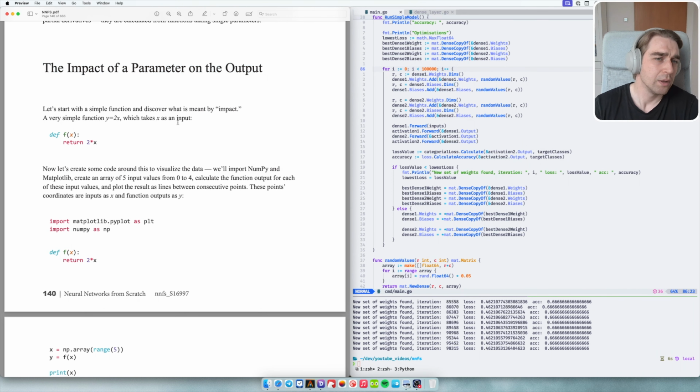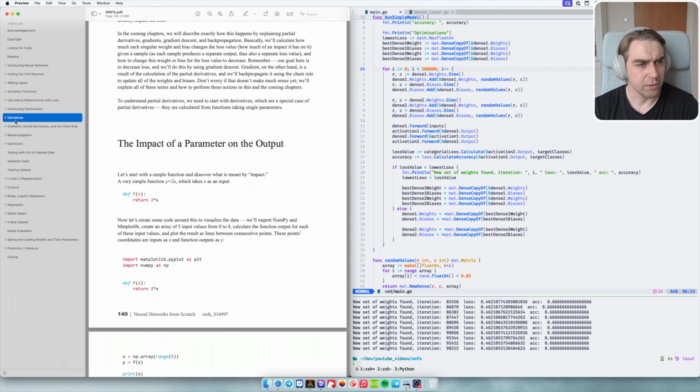That's why we need to understand derivatives, then partial derivatives, gradients, then the chain rule, then backpropagation, and then the optimizer. I think this is what we need to know in order to actually be able to train the model, because right now we're just doing some random things and hoping that it will make the model better.